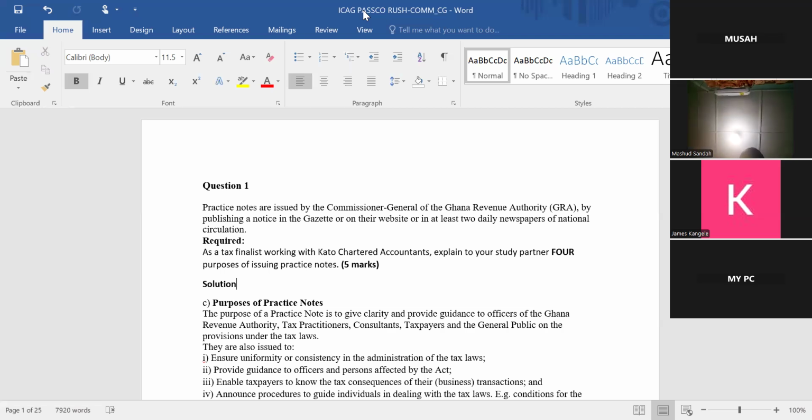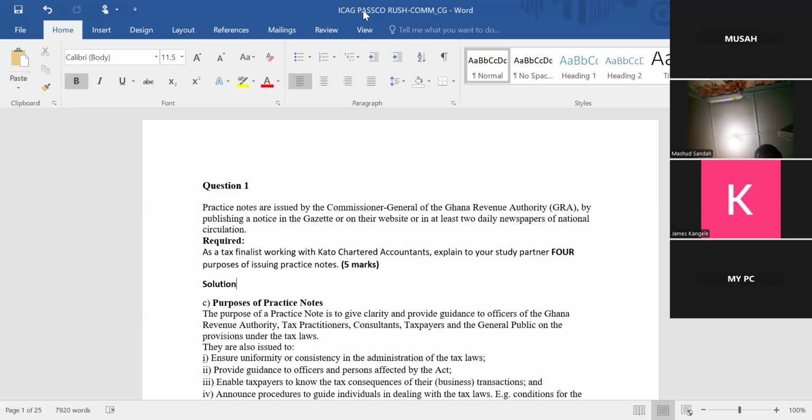Now, the Commissioner General is the head of the Ghana Revenue Authority. And then there's also a board. The board determines how the day-to-day activities are run. So that is just a brief background.